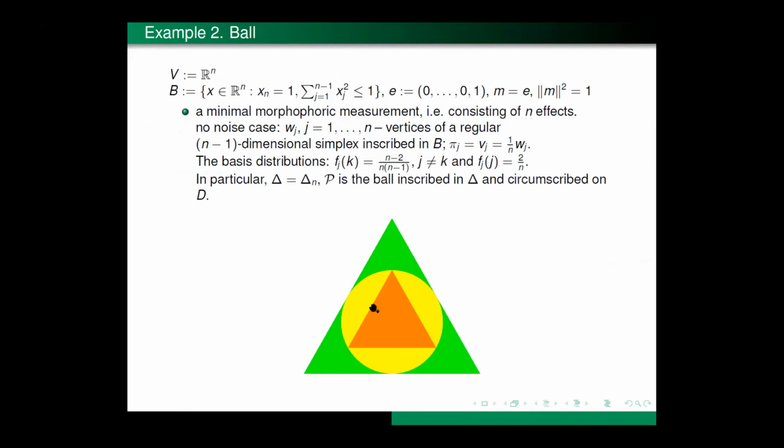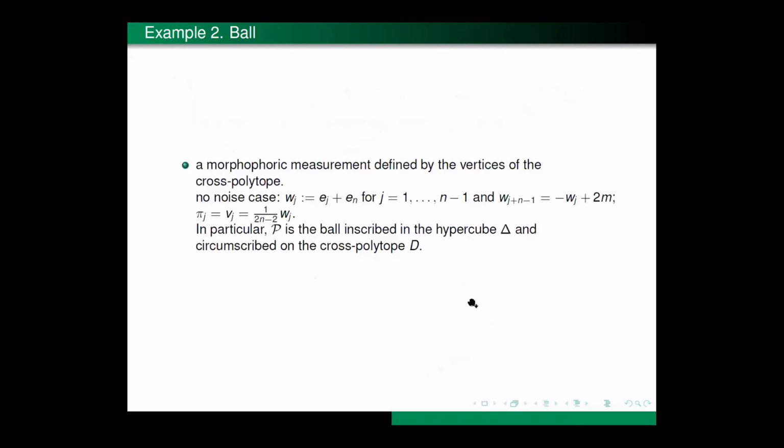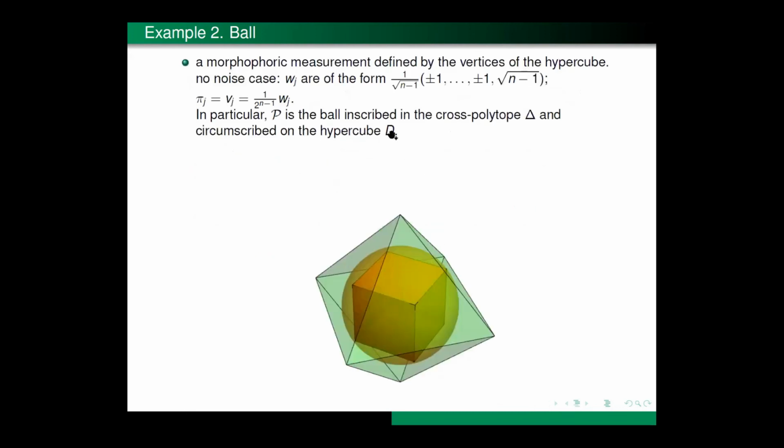So this is again the no noise case, but we can also have other measurements here that are morphophoric. For example, a morphophoric measurement which is defined by the vertices of the hypercube, and then this primal polytope delta is the cross polytope.